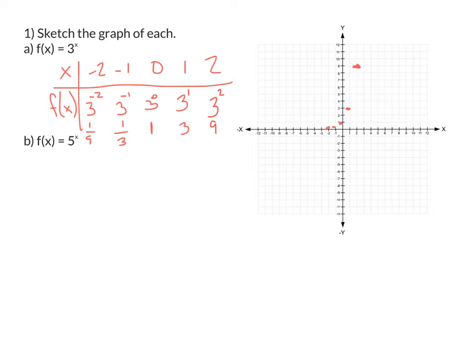And as my x values get huge, we're always going to have 1 over some number. So we're never actually going to get to 0. So to draw this, while it goes out to the right, it gets massively huge. When it goes out to the left, it gets close to 0, but never actually touches it, and will sit along 0.